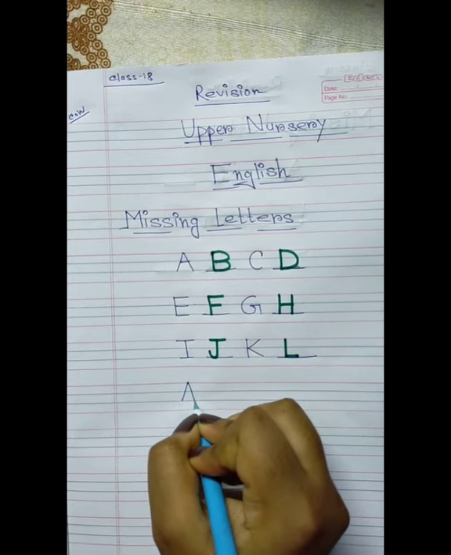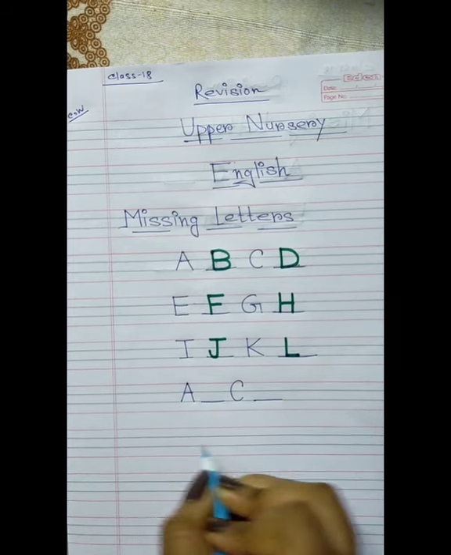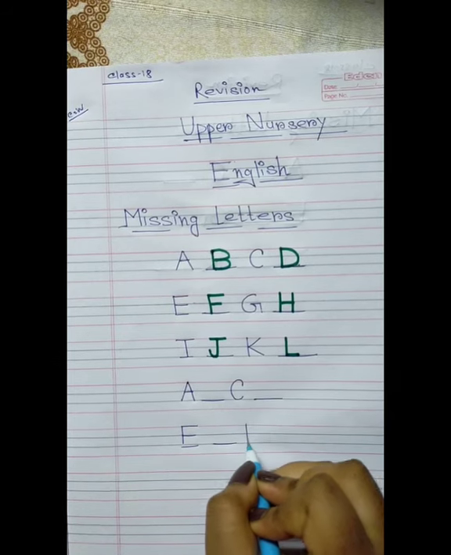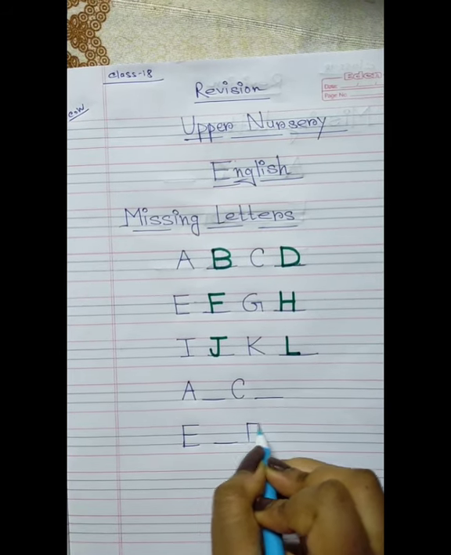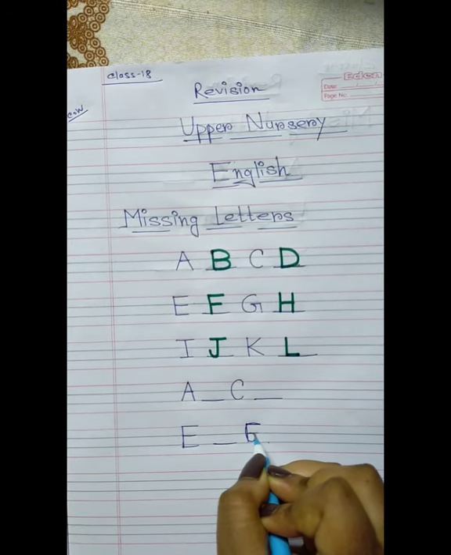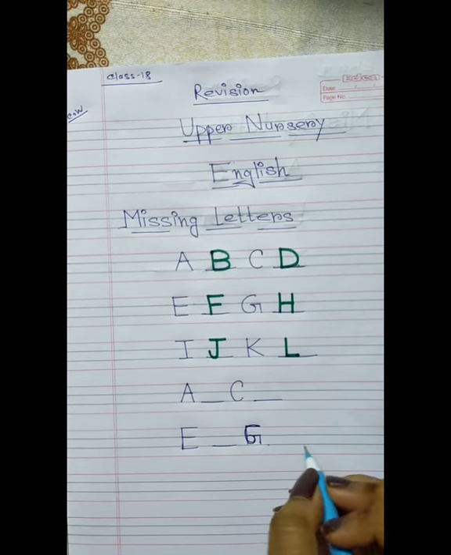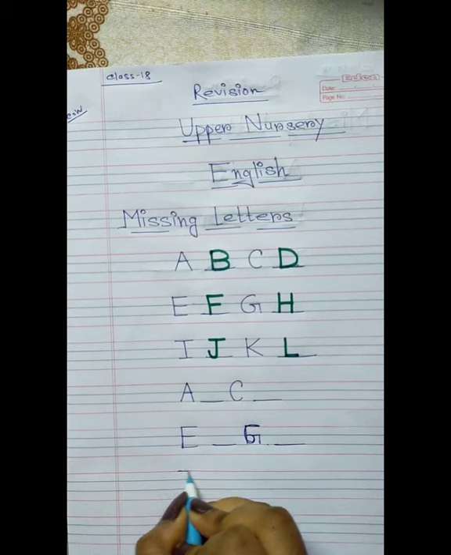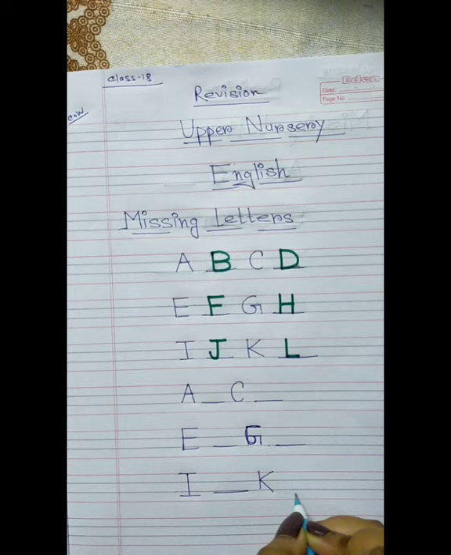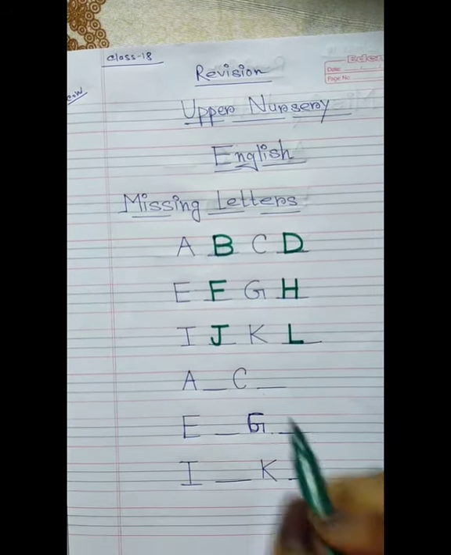This is A, dash, C, dash, E, dash, F, G, dash, I, dash, K, dash. So you will ask your kids to fill up the blanks.